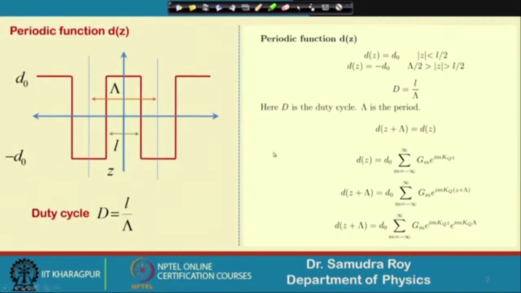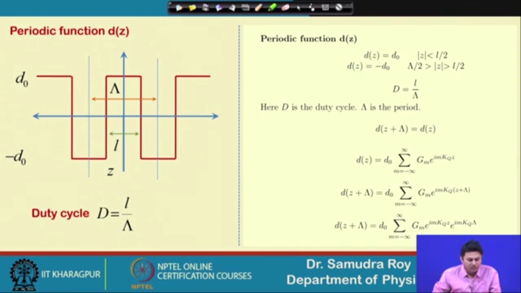Okay, so, as I mentioned, the D function is not sinusoidal. It is a periodic function, but some sort of block kind of function. So, we need to take care of this issue, and find the Fourier components of this, so that we can find the corresponding Fourier component that we are going to use.